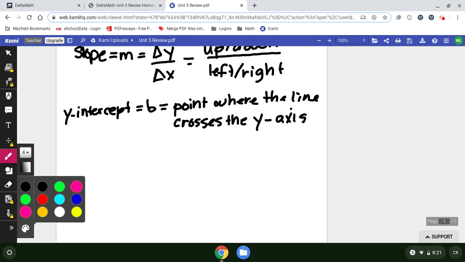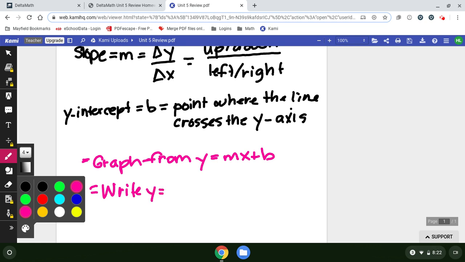So our two topics are graph from an equation, or graph from y equals mx plus b, and write y equals mx plus b from a graph. Okay?